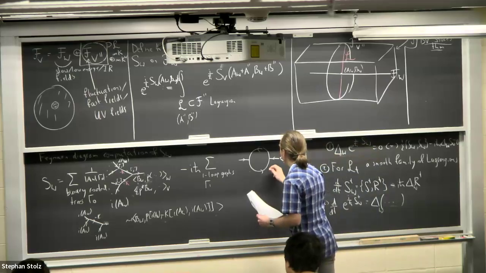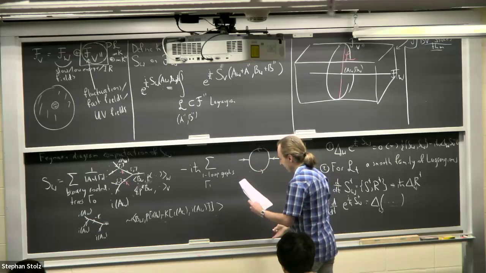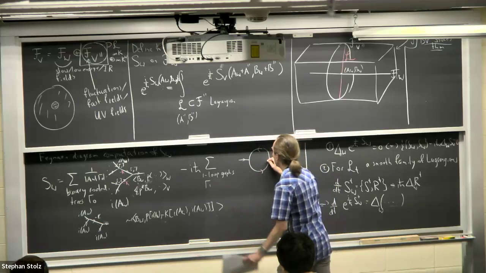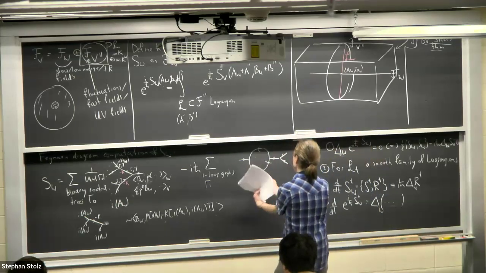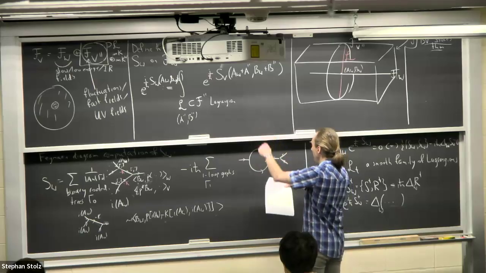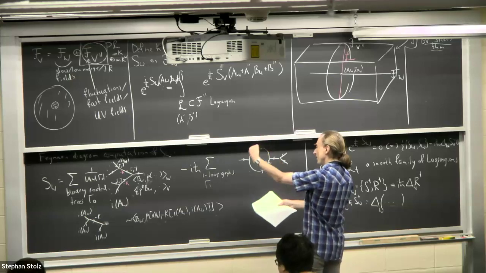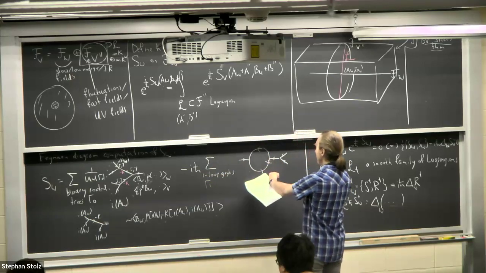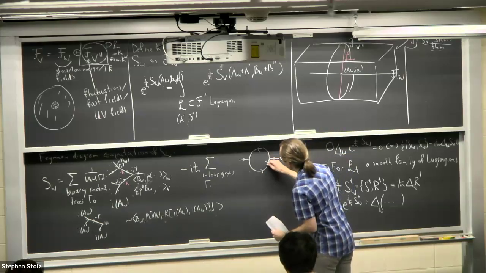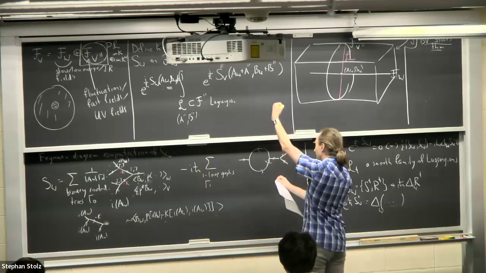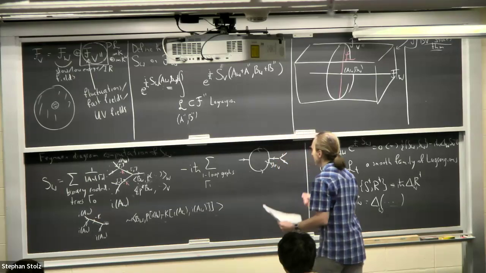Let me explain how to associate an expression to such a graph. I cut this loop at some place and unwind the result into a tree, which will have a distinguished input. The value of that tree, according to the previous rules, would be an operator that eats the input here and spits out the output at the end of the tree. And then I take the trace, or supertrace, over V.